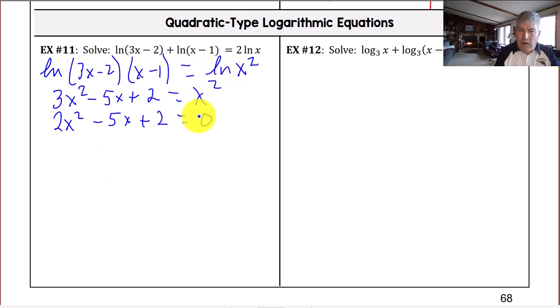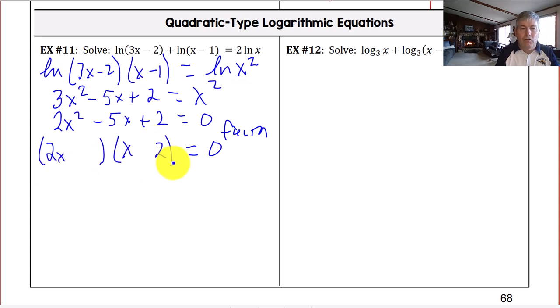See, I'm working down the page, my equal sign, and now I'm going to go ahead and factor. So the only factors of 2x squared, if it's factorable, would be 2x and x. It's still equal to 0. And now I know any number I put here, I'm either going to put 1 or 2 here, but it's going to be doubled. So I'm going to try 2. 2 is good because 2 times 2 is 4.